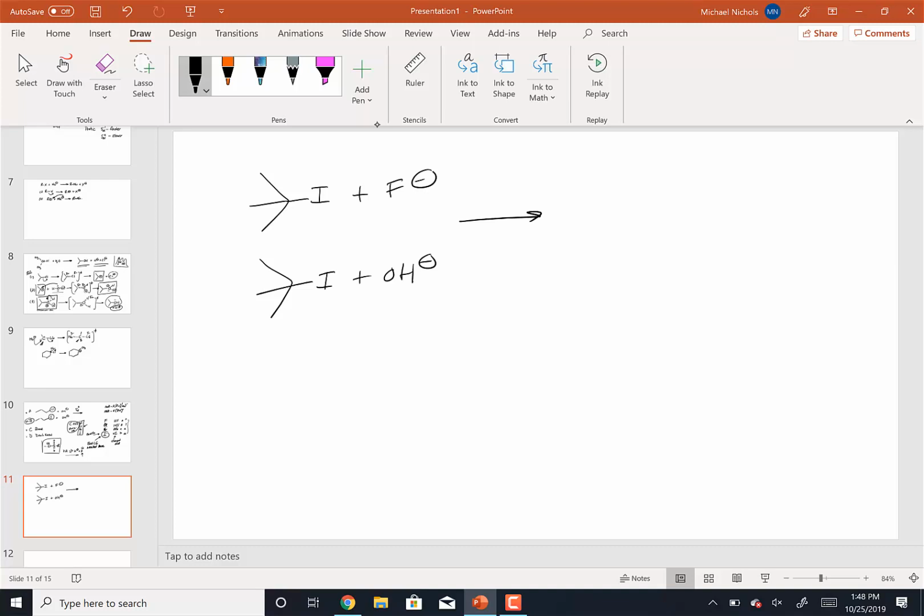That's this problem. There we go. So reaction A and B and C is the same. So of these two reactions, which one do you think is faster, or do they have the same rate?